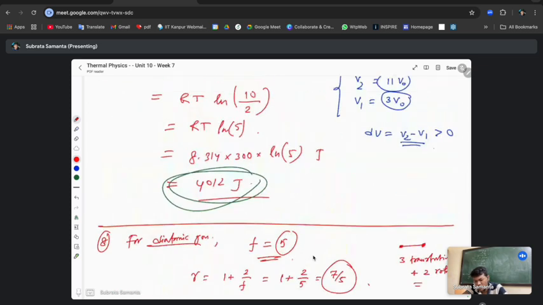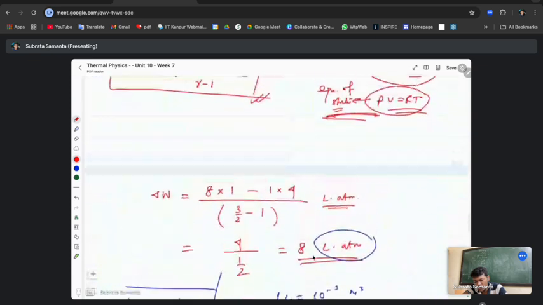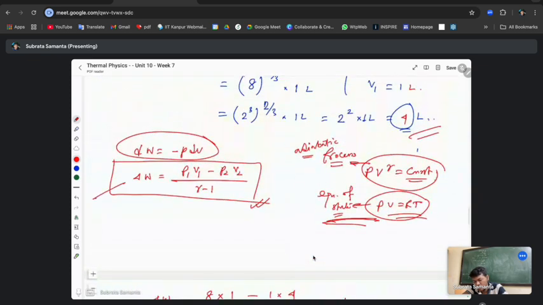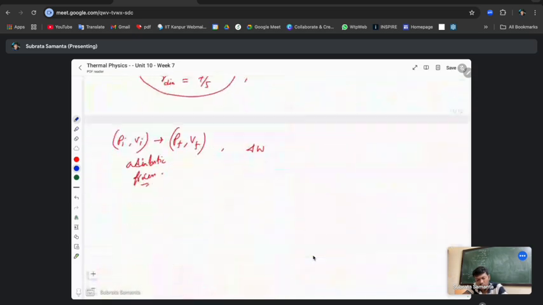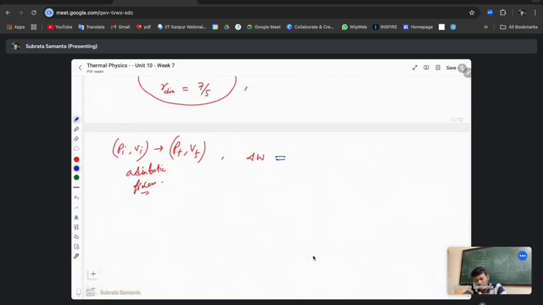We just calculated this: delta W is (Pi Vi minus Pf Vf) over gamma minus 1.